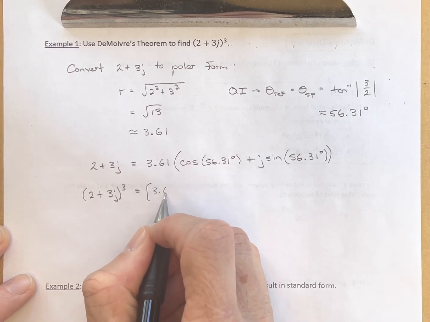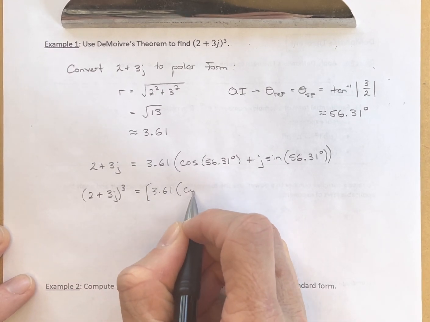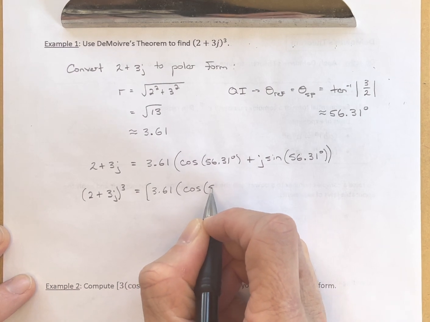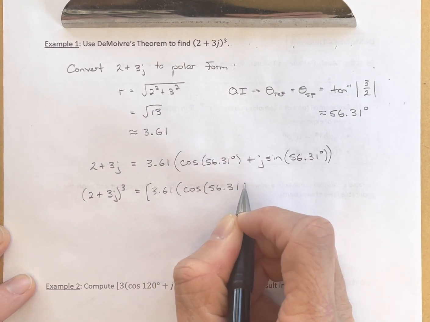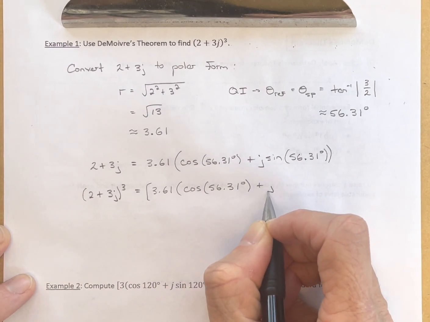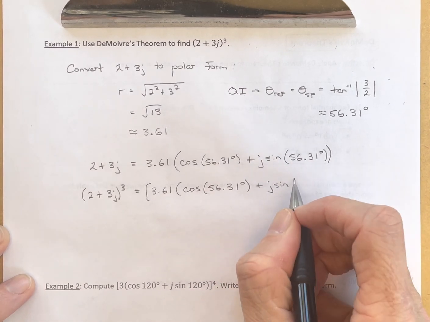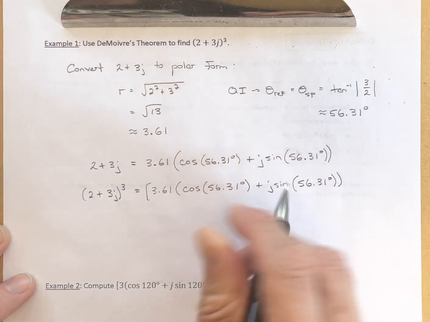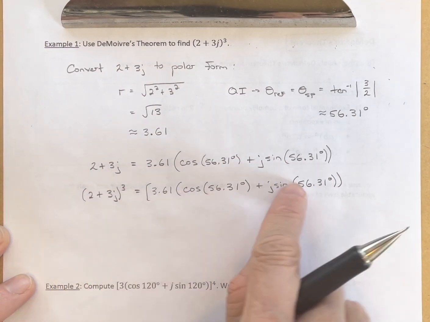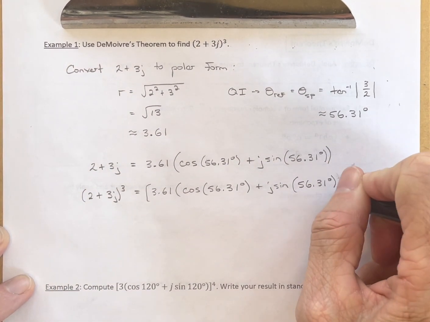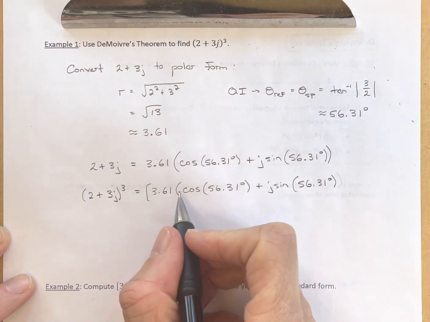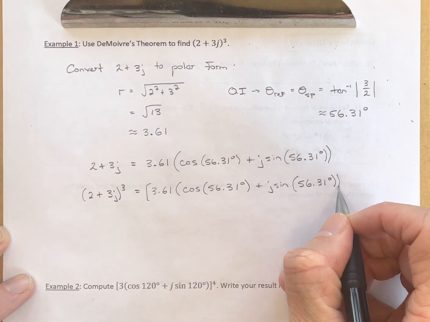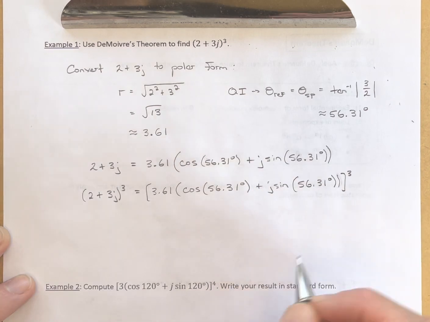This is 3.61 times the cosine of 56.31 degrees plus j times the sine of 56.31 degrees. So I just cube this, closing the parentheses, cubed.